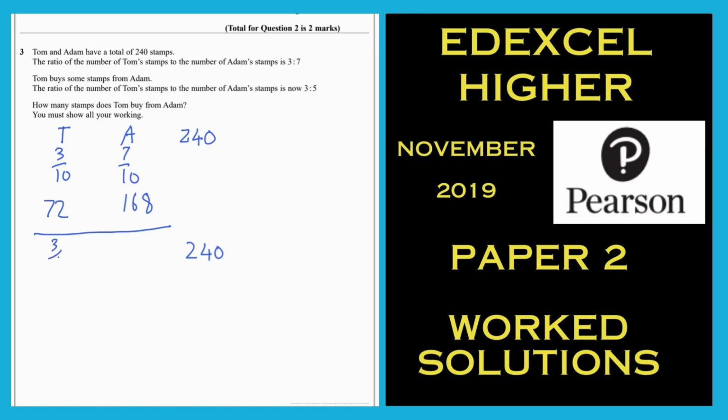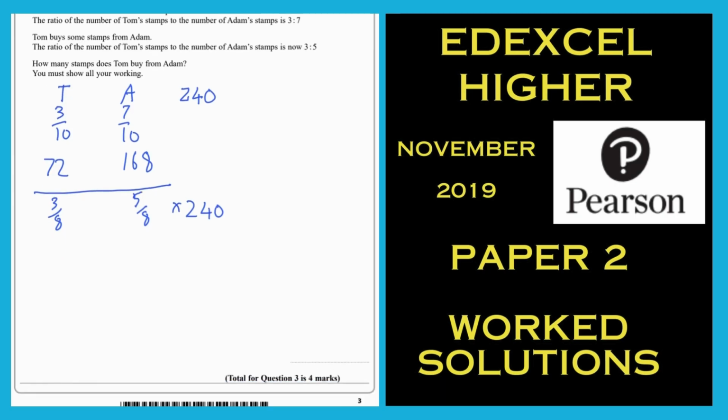That's 3/8 and 5/8. And you can work out either of these times 240 or both. It's entirely up to you. I've done both, so I'll mention both, because as you'll be able to see, that's gone down by 18, sorry, that's gone up by 18 because that's how many they've bought and sold from each other.